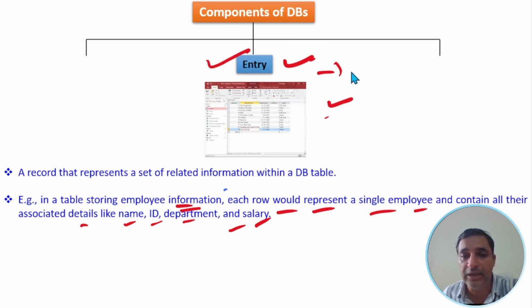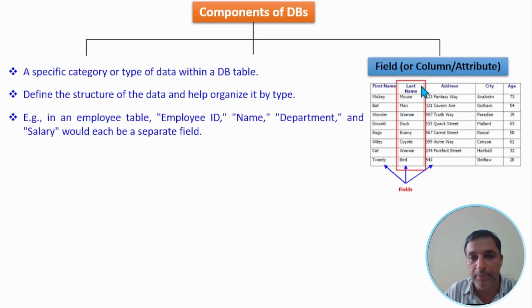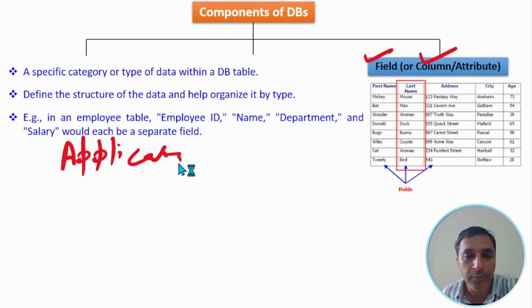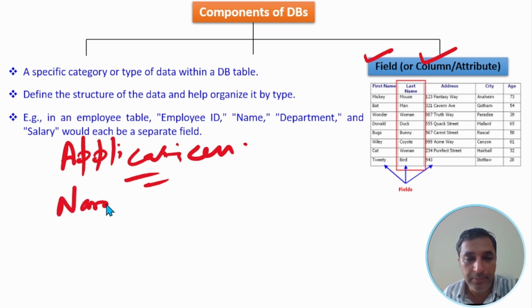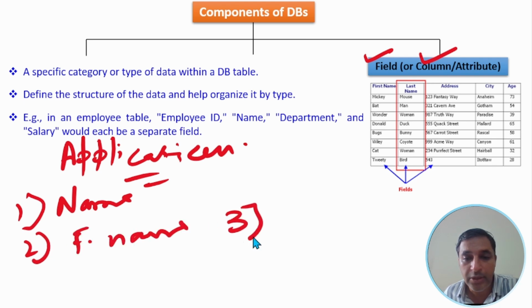An entry has certain kinds of fields or subdomains. Now what are those subdomains? They are the third component of the database, a field or column attribute. Each subcategory of that entry forms a field. Suppose you fill in an application form of a school or a college. It contains certain information like the name, family name, and the date of birth.